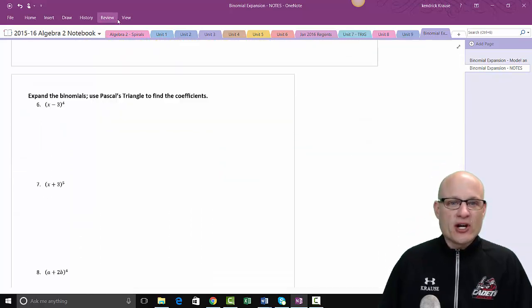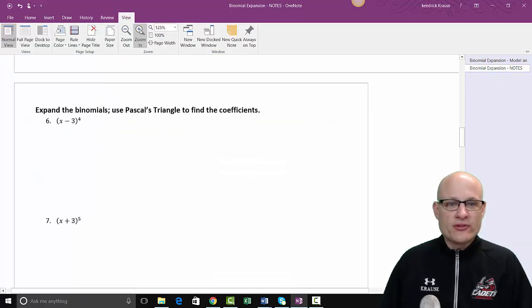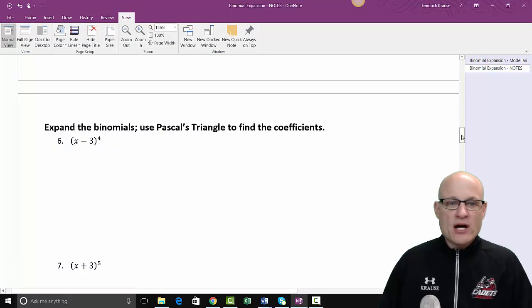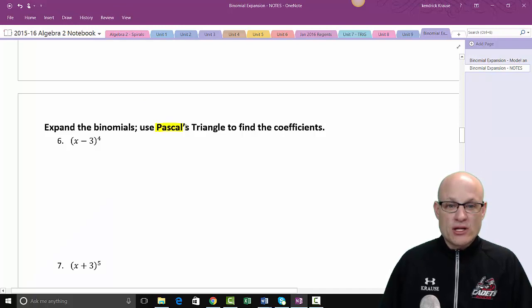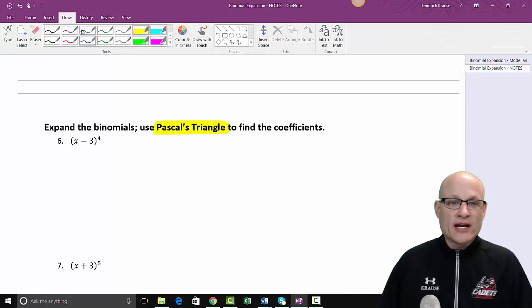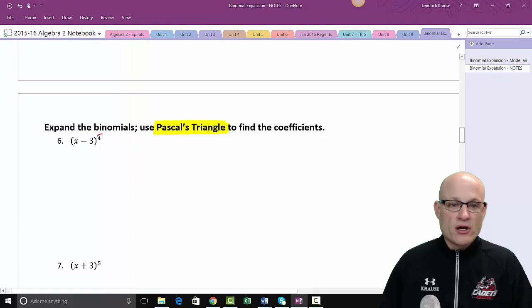So let's get started on how we're going to use this to solve this problem. Well, I'm going to start by using Pascal's triangle. Again, I don't like Pascal's triangle, but I can see how some of you might. So the first thing I need to do is come up with the 4th row of coefficients. So 1, that's the 0 row, 1, 2, 3, 4.